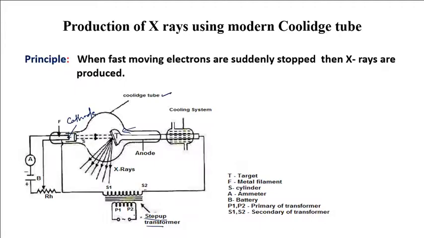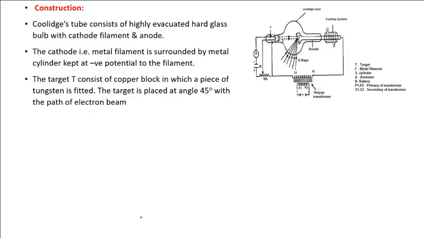Right. So let us see the construction and working. This Coolidge tube consists of highly evacuated hard glass bulb with cathode filament and anode. The cathode is surrounded by metal cylinder which is kept at negative potential to the filament. The function of this cylinder is to focus the electrons into a sharp beam on the anode.